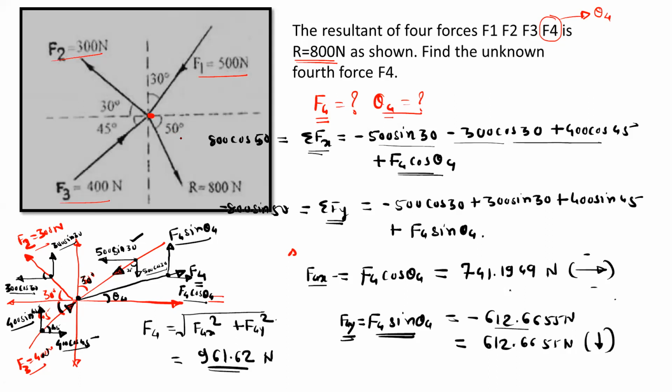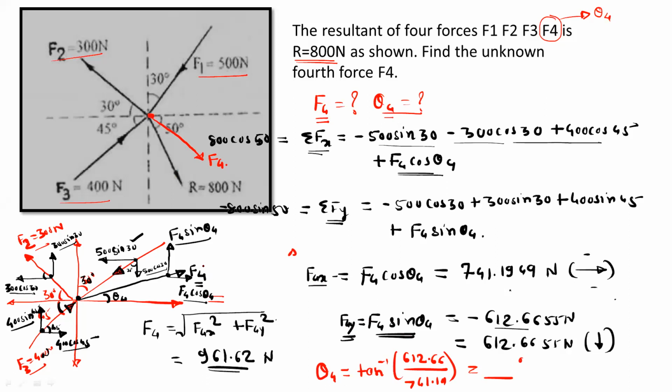So this is the actual location of the force F4. Its angle theta 4 is equal to tan inverse of y component divided by x component, so 612.66 divided by 741.19. So we will get the theta 4 angle.